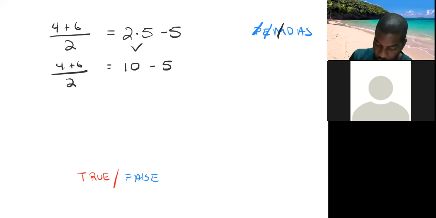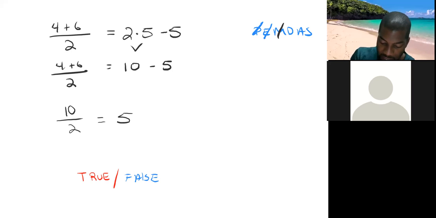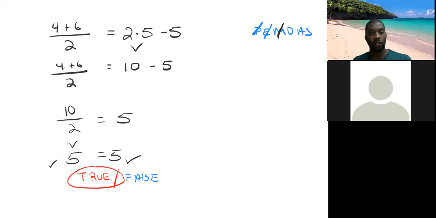So let's do that. 4 plus 6 on the top is 10. 10 over 2. 10 minus 5 is 5. 10 divided by 2 is 5. 5 does equal 5. Therefore, these two do form an equation. It is true. 5 equals 5 on both sides.